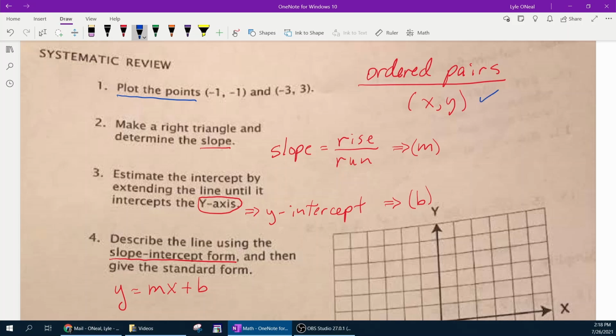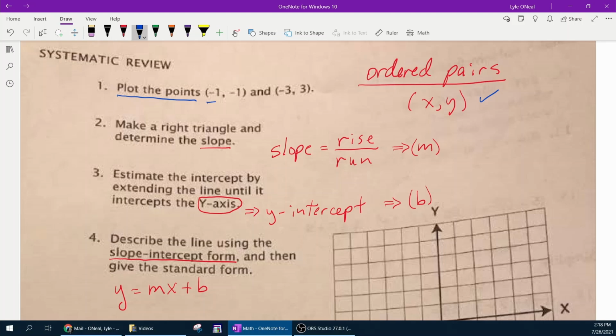If you recall, ordered pairs are in the form of (x, y), where the first coordinate, the x, is the amount that you go either left or right, depending on whether the number is negative or positive. And then the second coordinate is your y, which tells you how much to go up or down, again, depending on whether the coordinate is negative or positive.